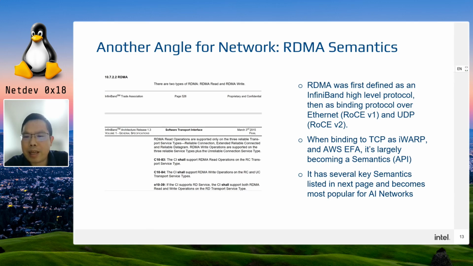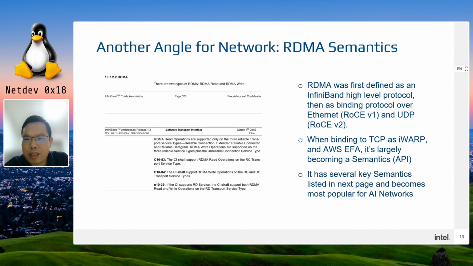But when doing this, it largely becomes a semantic: you just need the API, and you do not even care what protocol was implemented underneath. So this is another good example of network semantic.